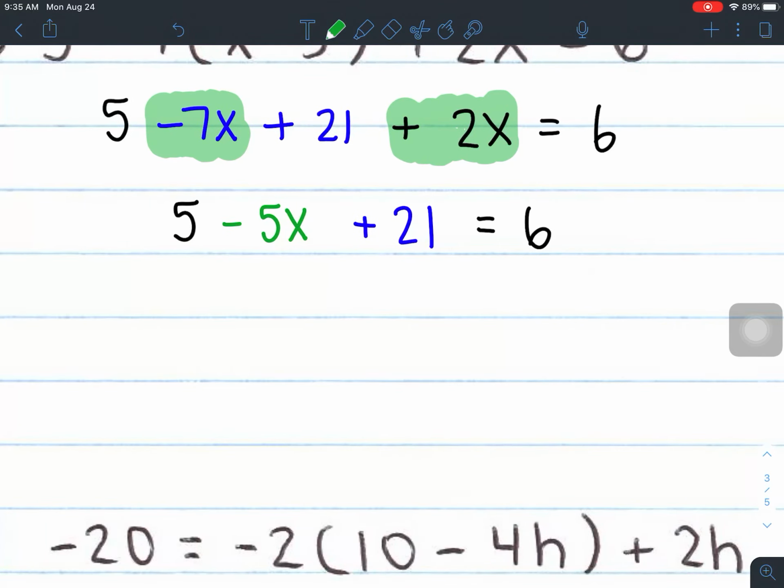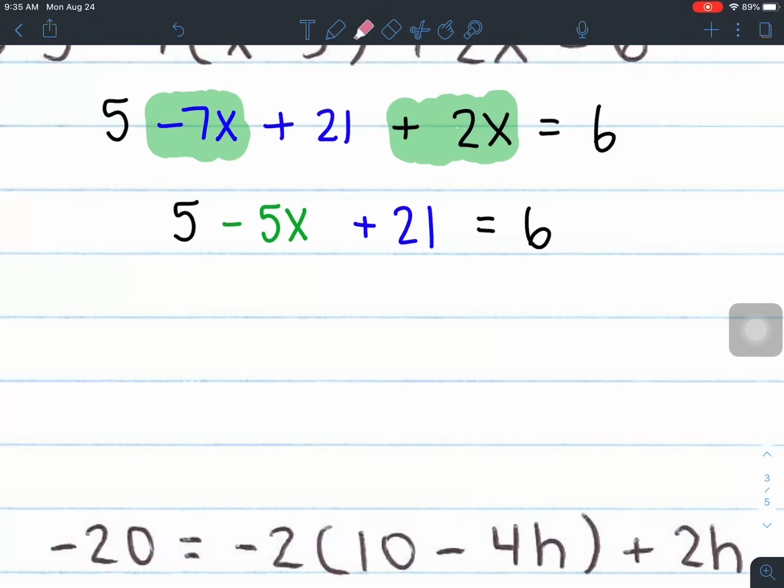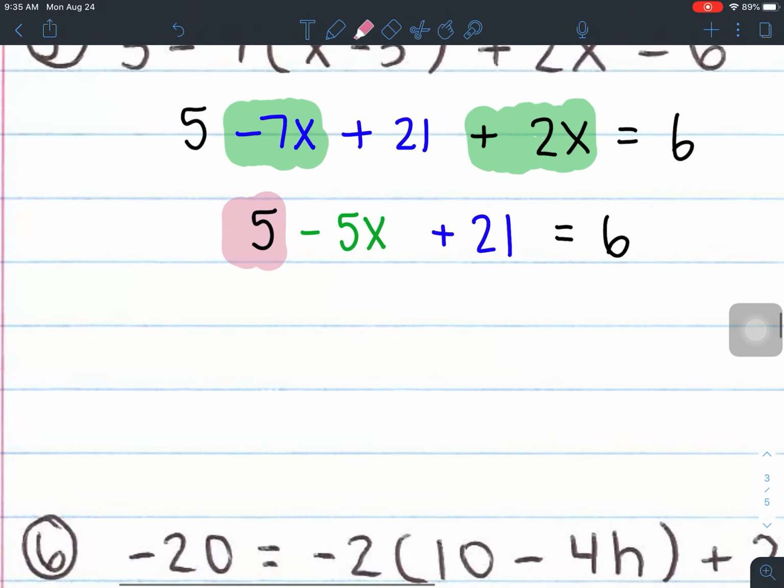All right, so I combined those like terms, but then I also notice something else, and I don't know if you're noticing it too. I actually have another set of like terms, and those like terms are just regular numbers. 5 and positive 21 are like terms. How are they like terms? Well, they're both regular numbers. I can combine them like I normally would.